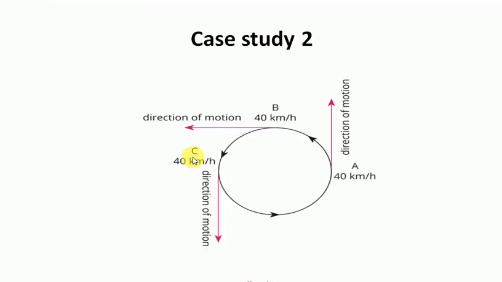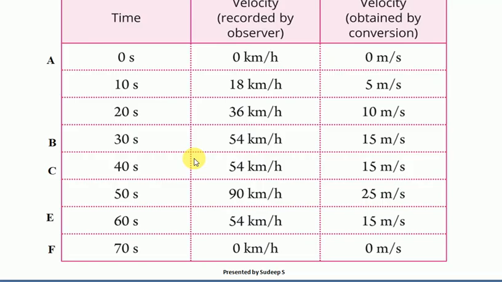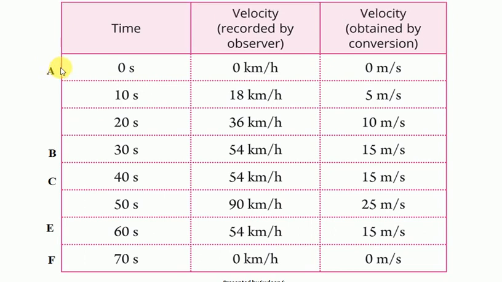We'll take the same case study to understand this. As we have considered here, the object initially was at point A and finally at point B. At A, the object was at rest, so the initial velocity was 0 meters per second, and at point B the velocity was 15 meters per second, and the time taken to reach from 0 to 15 meters per second was 30 seconds.